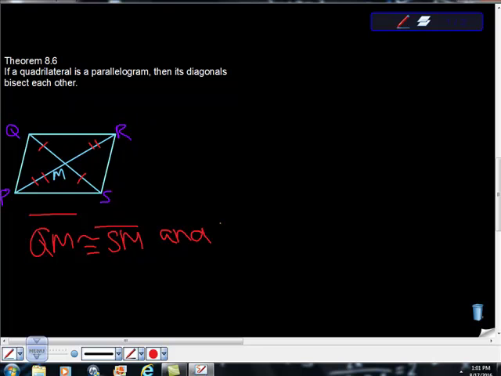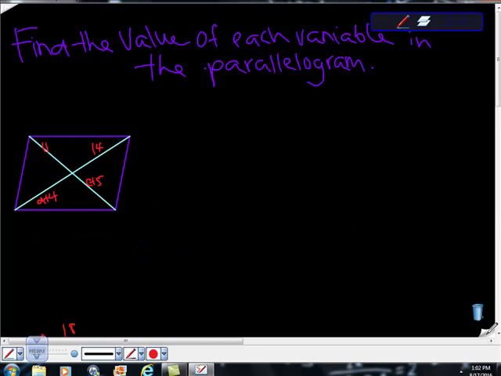And PM is congruent to RM. So it's saying they're bisecting each other. And M is the point here. So QM is congruent to SM, PM is congruent to RM. Pretty simple. So now we can move on to some examples.